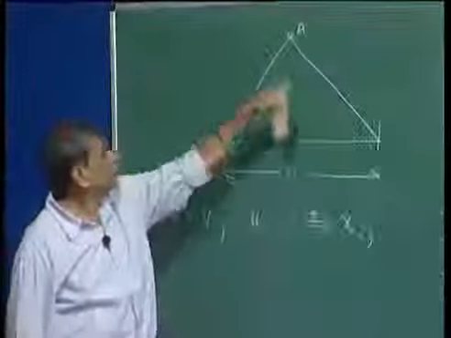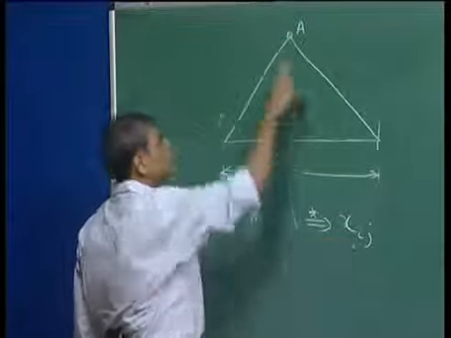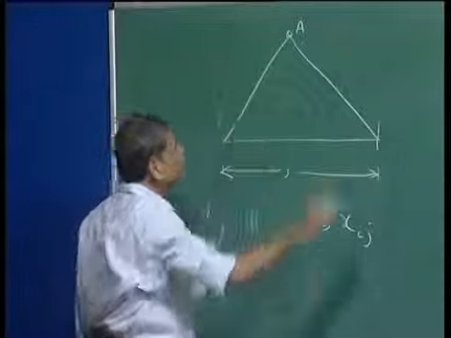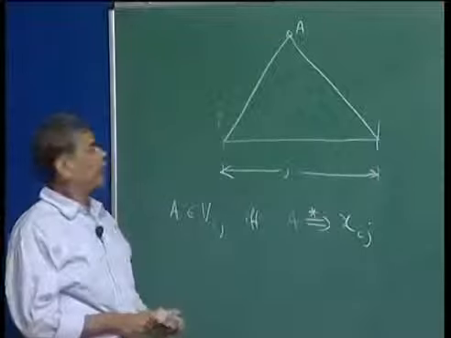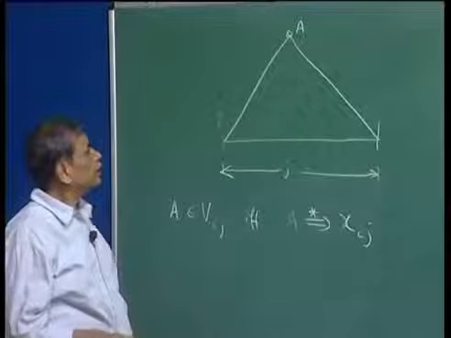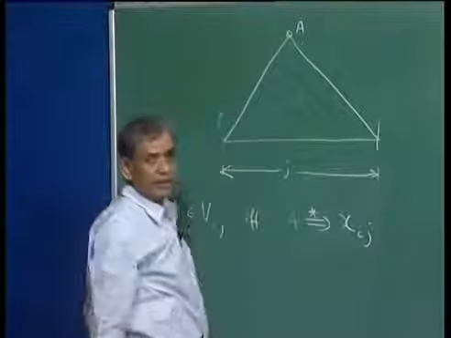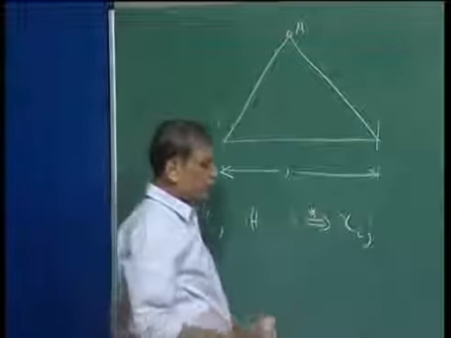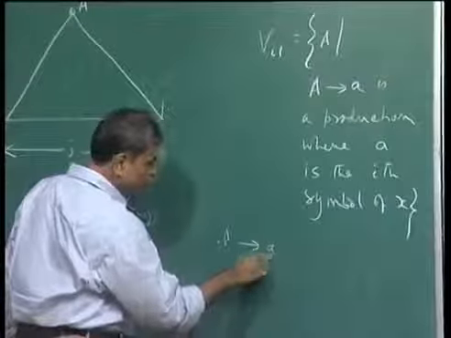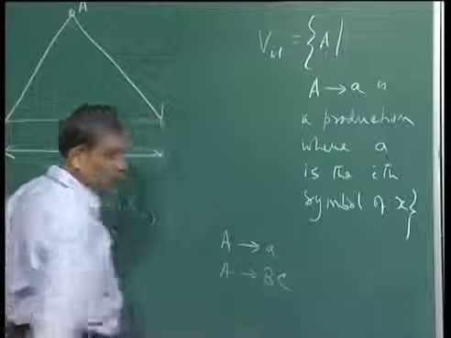So consider this parse tree which generates Xij starting from the non-terminal A. Now, can this derivation tree, what can be the first production in this derivation tree? Remember, in Chomsky normal form there are only two kinds of production. Either A goes to a where a is a terminal, or A goes to BC where these are two non-terminals.